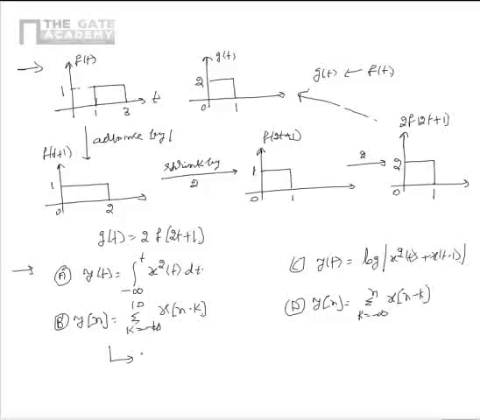Out of the four options given below, we have to find the system which is linear and unstable.